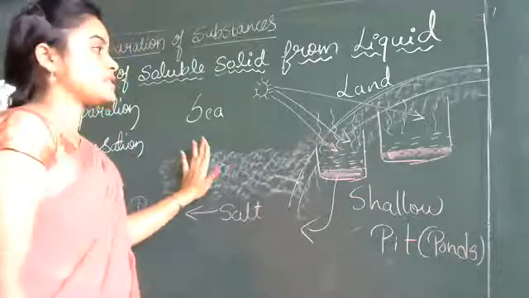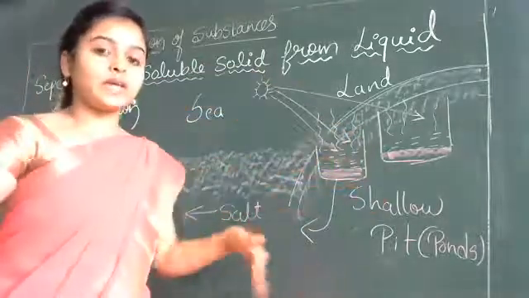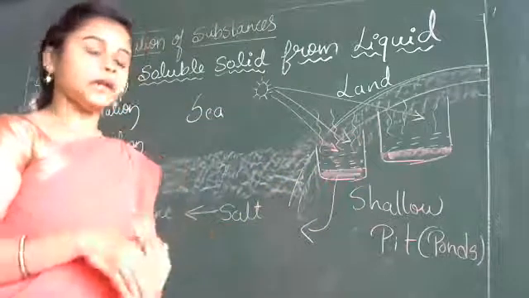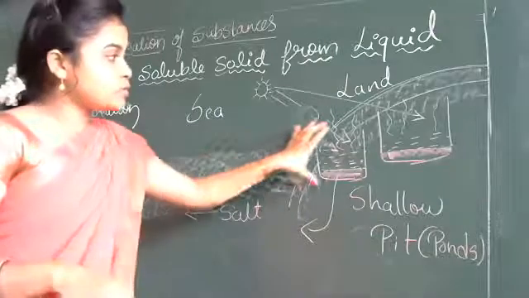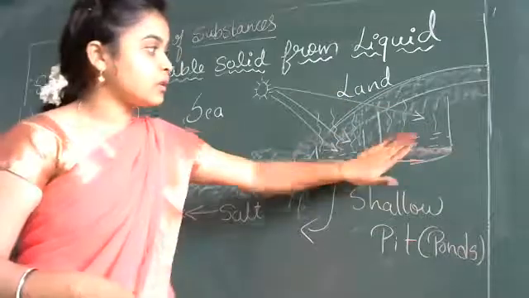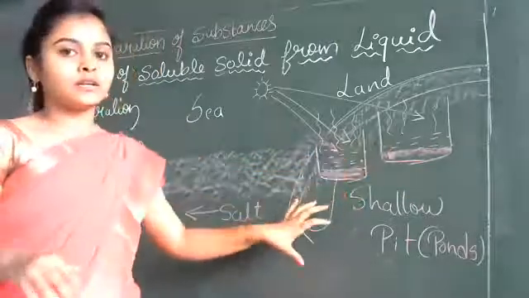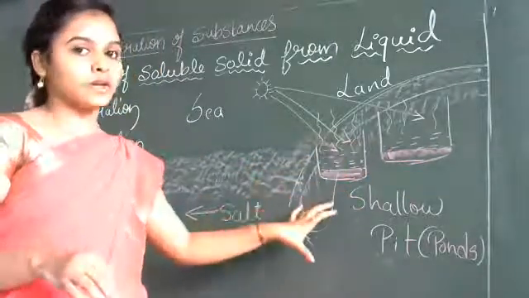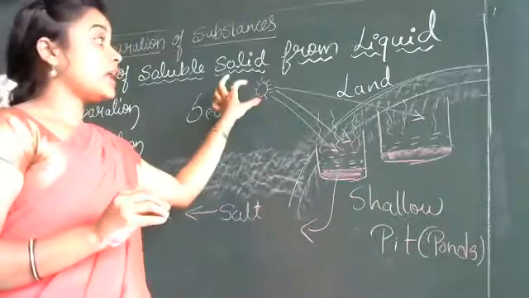Okay, so here the sea is there, beside that sea is the beach or land. In that land, big shallow pits or ponds are made. And again, the sea water is allowed to flow and fall into these shallow pits. As there is no burner or stove here, we are using the natural heat emitted by the sun.